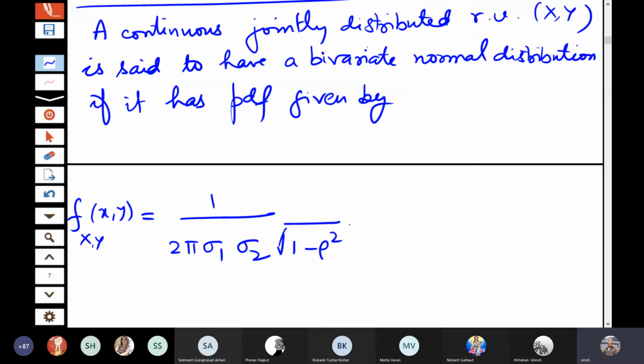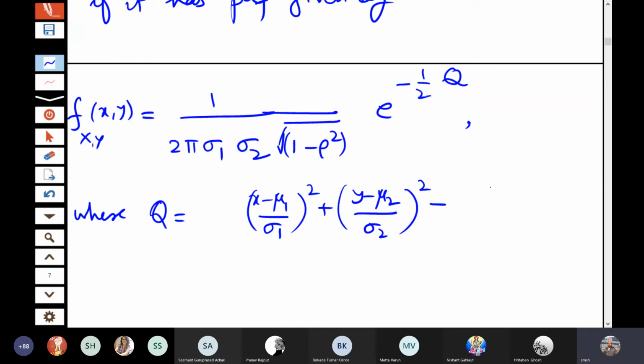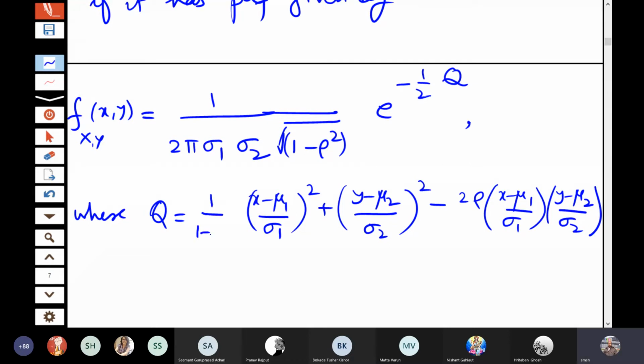So multiplied by square root of 1 minus rho square, and then you have e to the power minus 1 by 2 q, where q is (x minus mu1 by sigma 1) whole square plus (y minus mu2 by sigma 2) whole square minus 2 rho (x minus mu1 by sigma 1)(y minus mu2 by sigma 2), multiplied by 1 by (1 minus rho square).